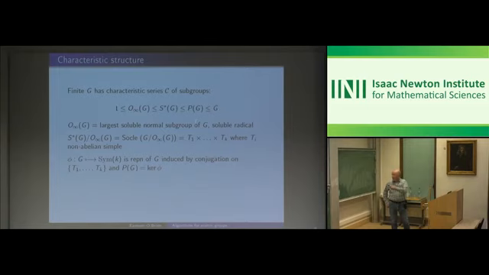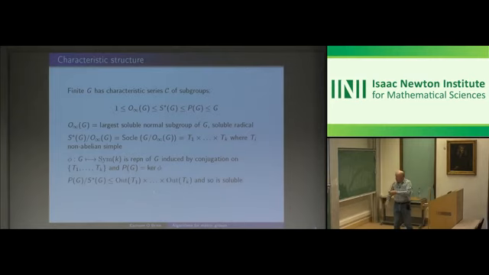And P of G is the kernel of phi. So within every finite group, we have such a characteristic series. And what the composition tree allows us to do is construct this series, set up the machinery for it, and work with its components.